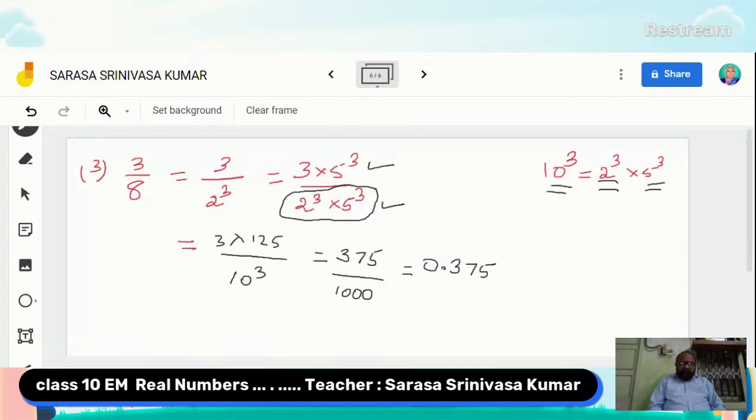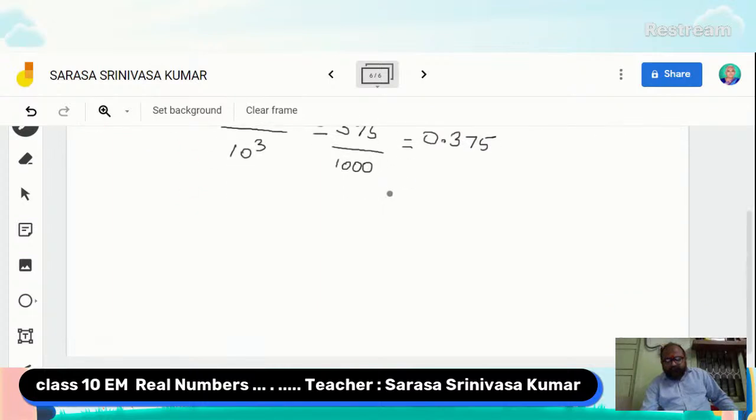By 5 power 3, to get the form 10 power 3 in the denominator. Why 10 power 3 only? Because 2 power 3 is there in the denominator. If 2 power 8 is there in the denominator, you should multiply and divide by 5 power 8 to get the form 10 power 8. So students must understand this concept very carefully.